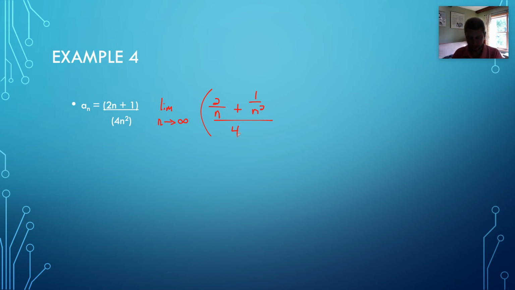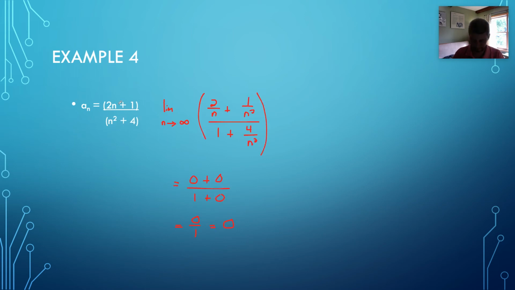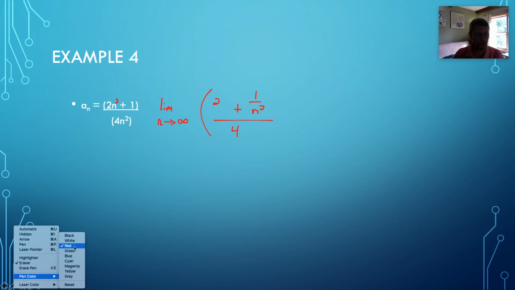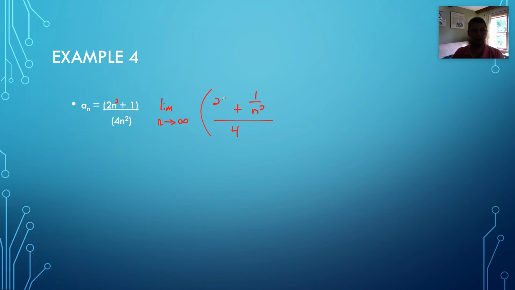Oh, you know what? I messed this example up. This should be 2n squared, which means that this is just 2. Let's try that again. Sorry about that. So 2 plus 1 over n squared all over 4.